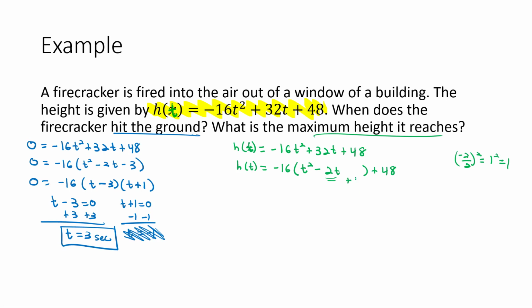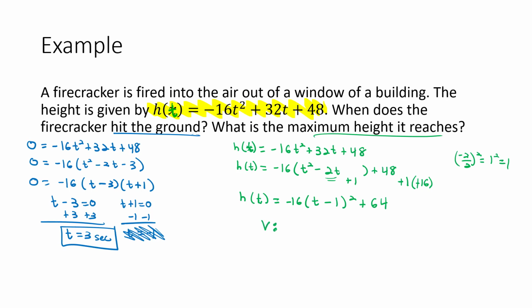So we're going to add 1 inside the parentheses, and we'll subtract 1 from the end, but we have to multiply it by the a, by the negative 16. When we do, we have the negative 16 factored, we have t minus 1 squared, plus negative 1 times negative 16, which is a positive 16. So 48 plus 16 is 64.